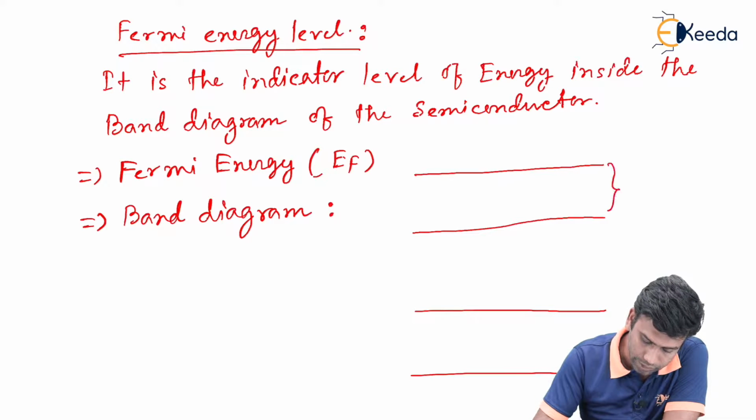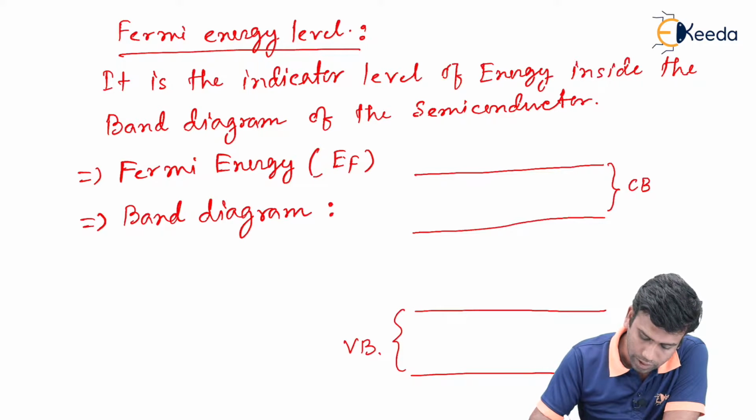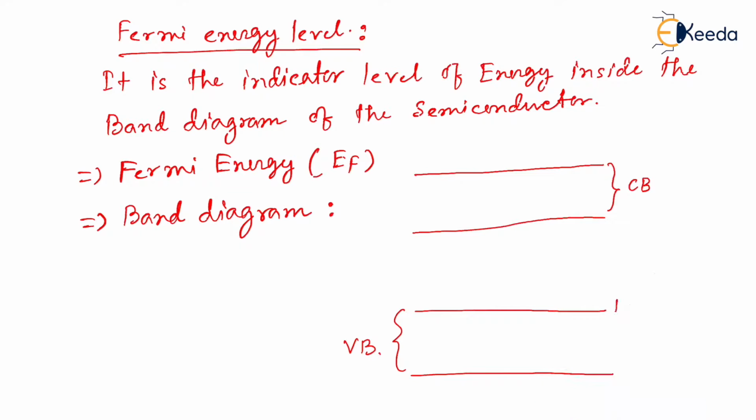So this is the conduction band and this is the valence band. The maximum energy level of the valence band we have denoted as EV, and this is the EC energy level, that is the lowest minimum energy level of the conduction band.